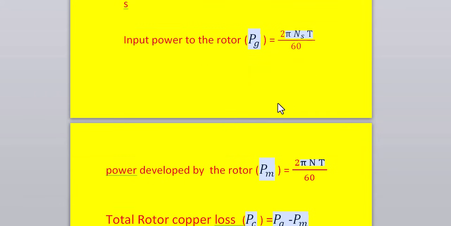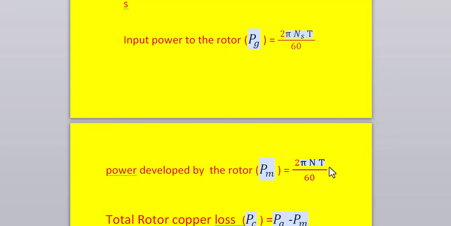Then the power developed by the rotor, represented by Pm, is equal to 2 pi N T by 60. Here N is the rotor speed, whereas Ns is the speed of the magnetic field, and torque is constant for this motor.